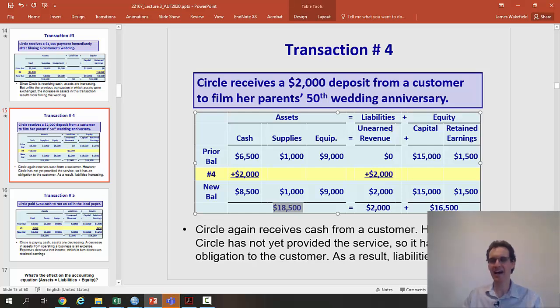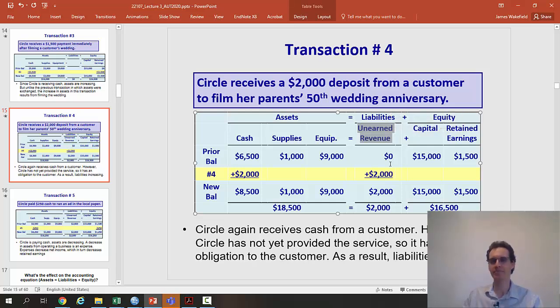How does this balance against the other side? Well, obviously the equation always needs to balance, so something needs to happen over on the other side of the equation. So you can see here that we add 2,000 to the liabilities section of the accounting equation. And we specifically call this liability unearned revenue.